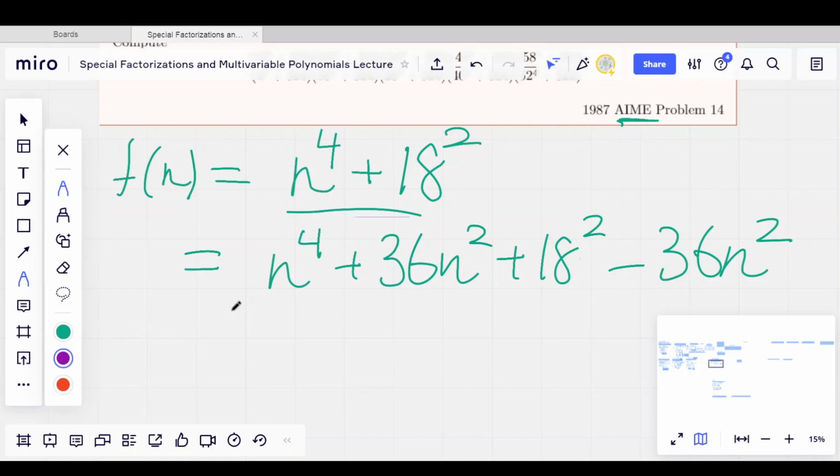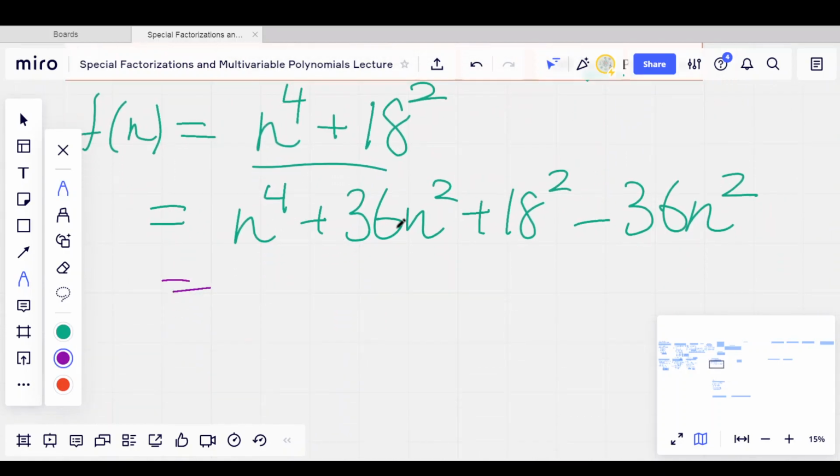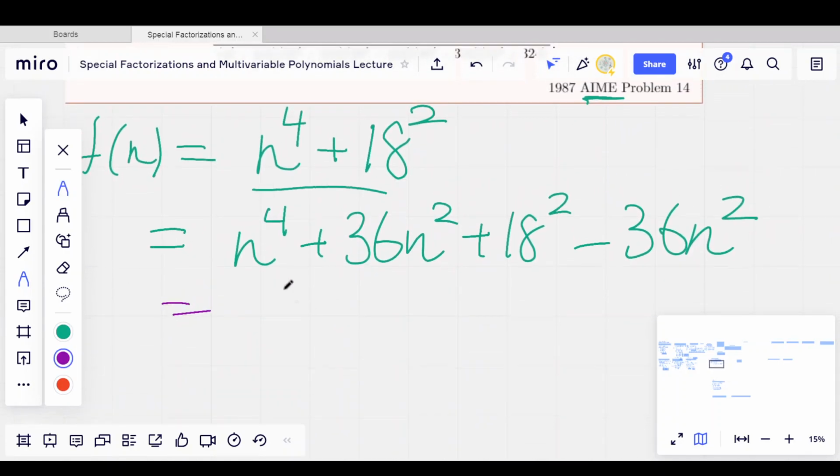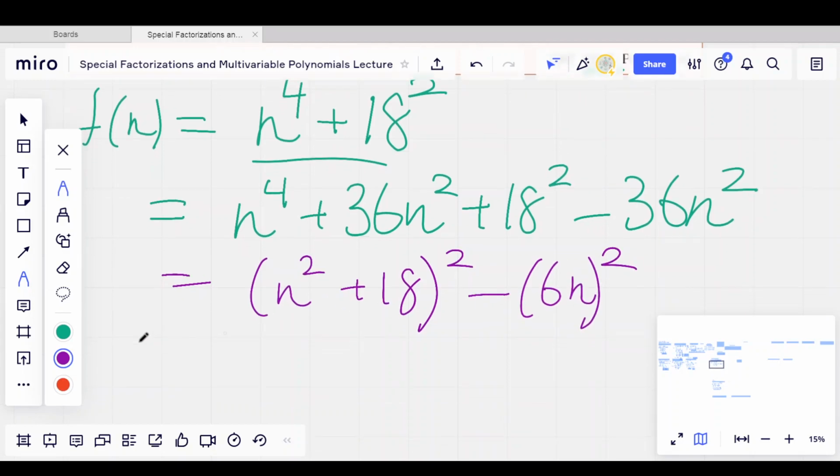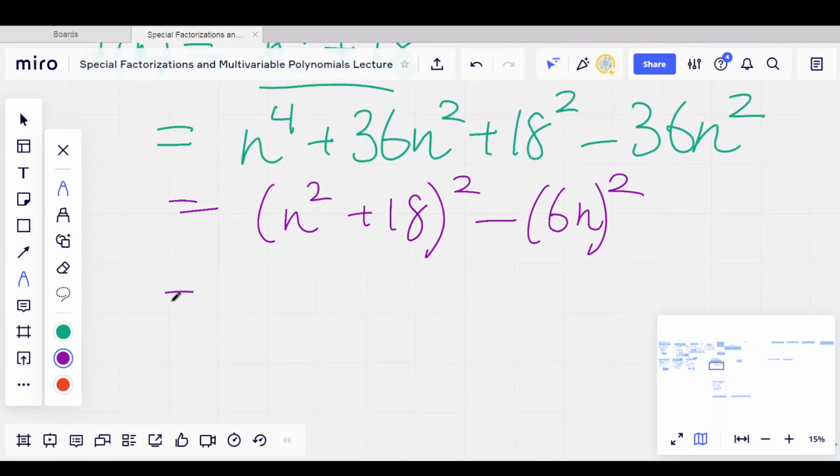Okay. Now it's a little similar to what we did before. So n squared plus 18 squared minus 6n squared. And then now you can just combine.